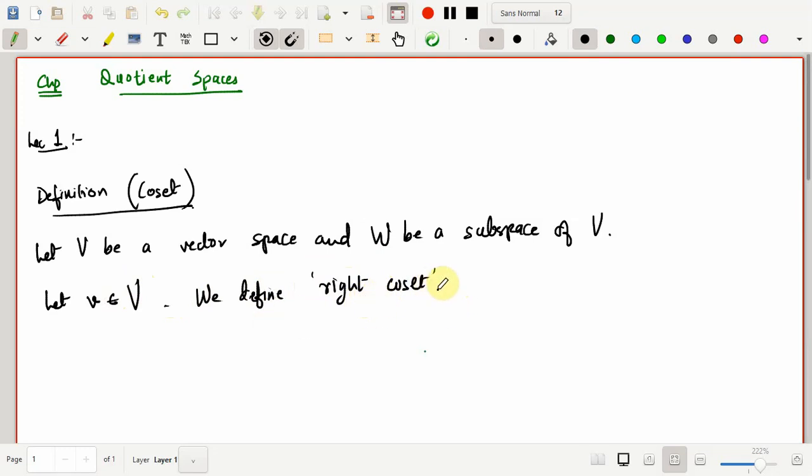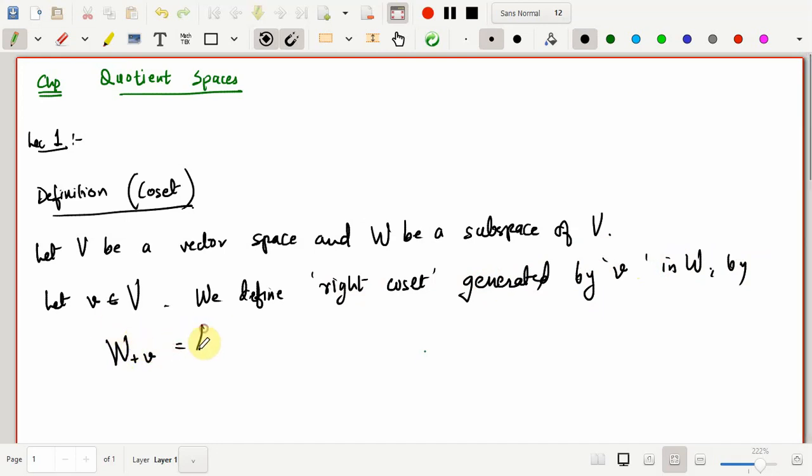Now the right coset generated by this fixed point v in W, we denote in this way: W with a suffix plus v. That's the notation for the right coset.